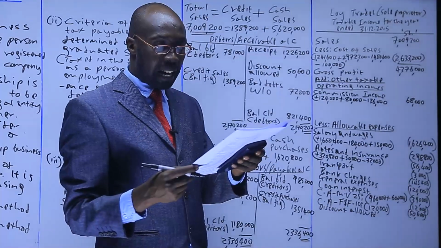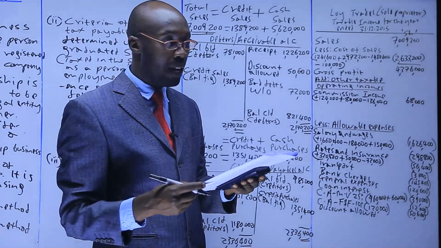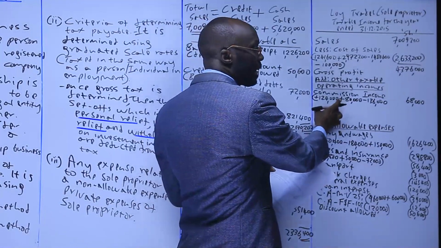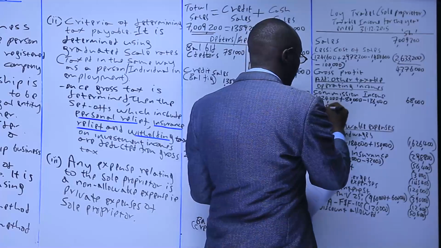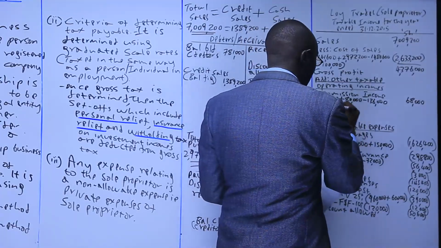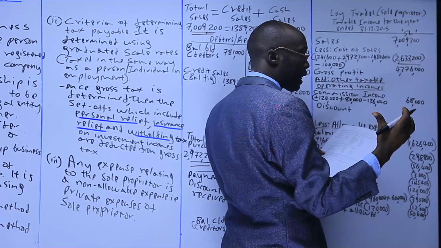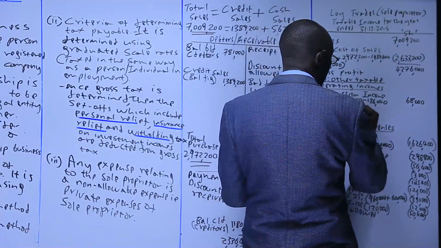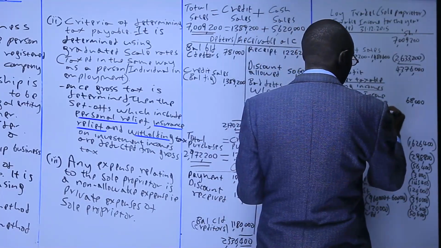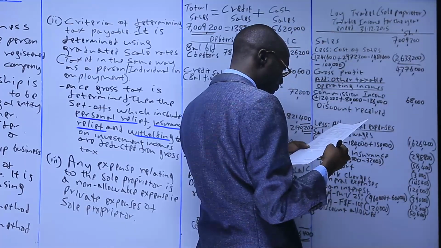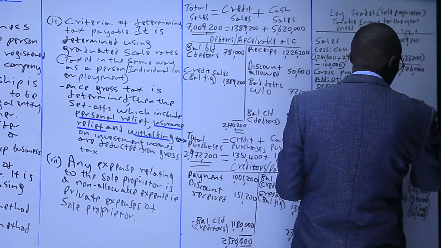Then discount received 151,200. That is an income and a taxable one. We had said that when we were looking at the general taxable and non-taxable income. Discount received, a taxable operating income, 151,200.